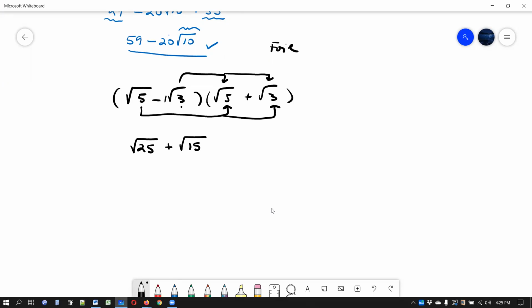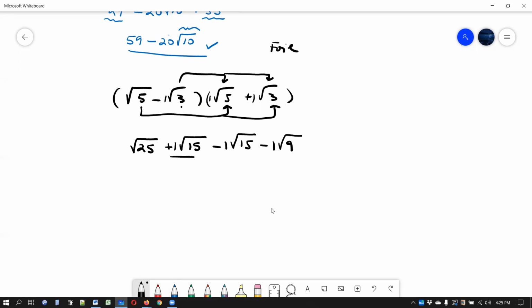Minus, there's an invisible 1 here. Okay, minus 1 radical 15, just as the previous. There's an invisible 1 here. And minus 1 radical, minus 1 radical 9.